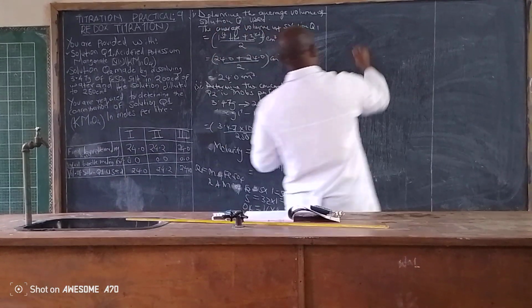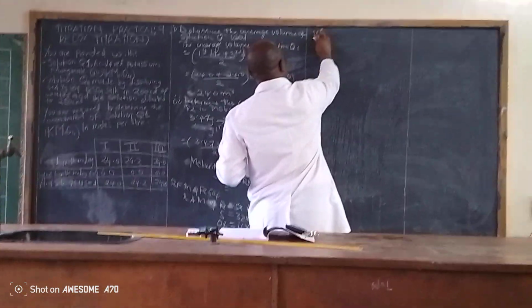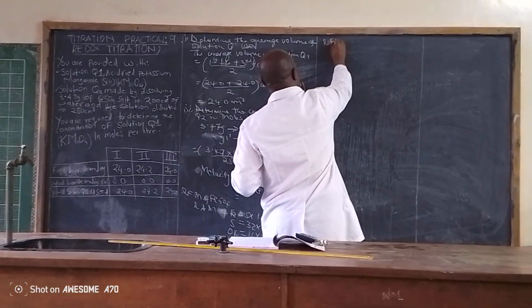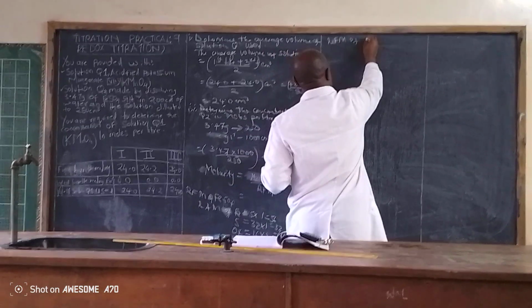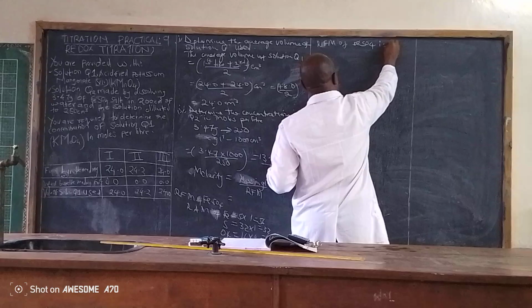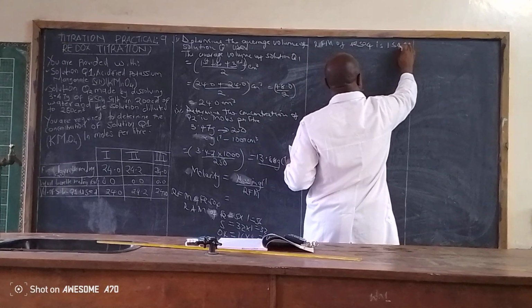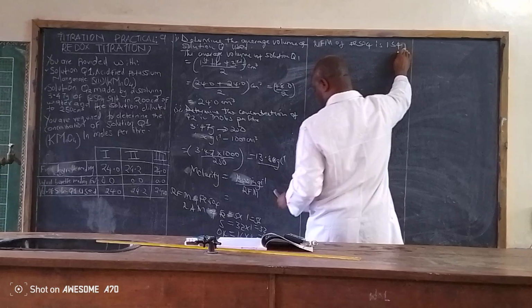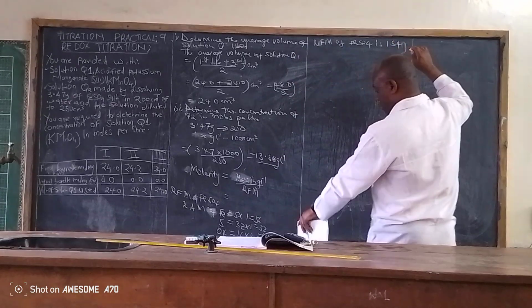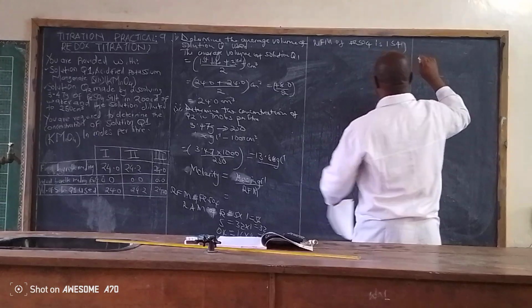So the relative formula mass of iron sulfate is 154 grams. The relative formula mass of iron 2 sulfate is 154.